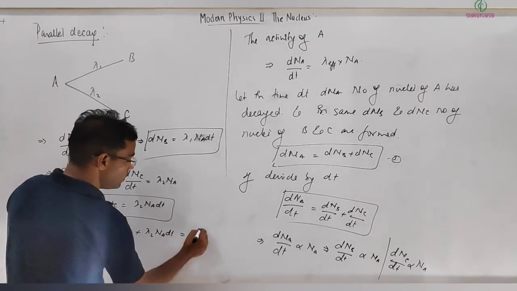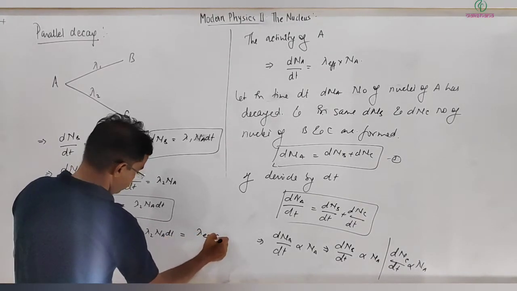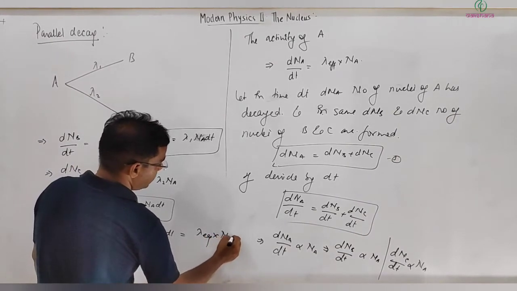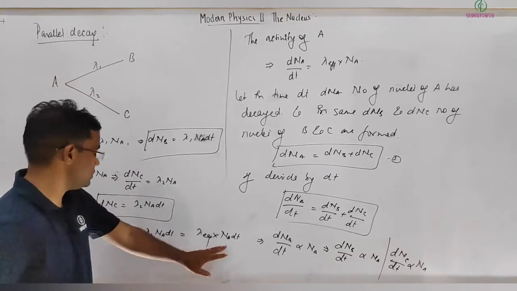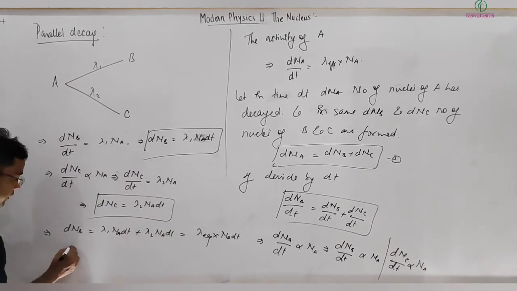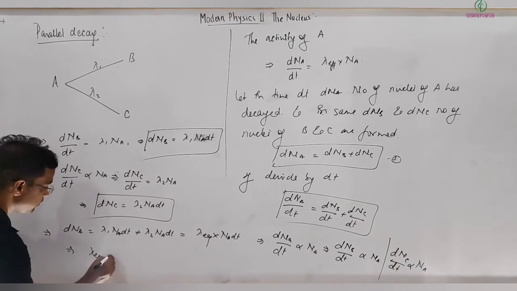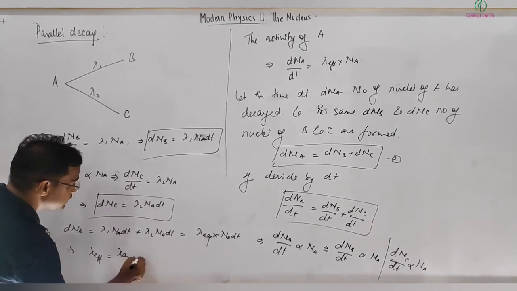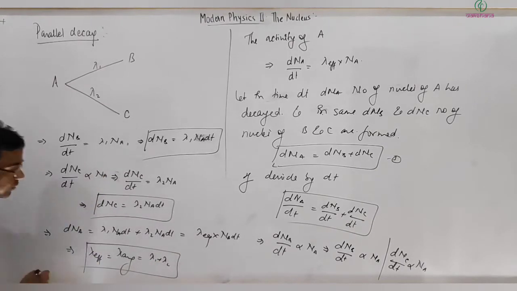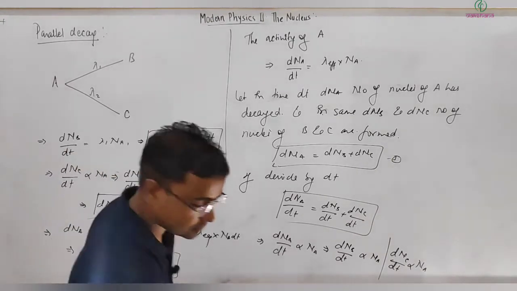This is equal to lambda effective into Na into dt. Now just comparing and cancelling out Na and dt, we get lambda effective or lambda average coming out to simply lambda 1 plus lambda 2. One thing we got, right?